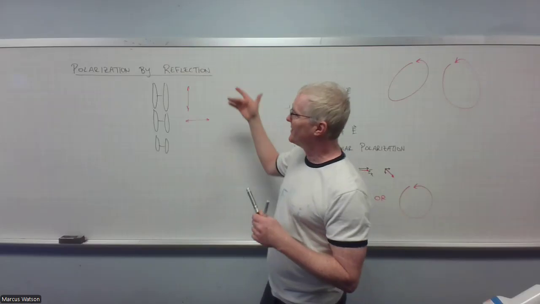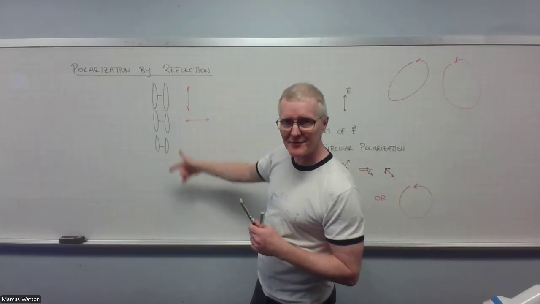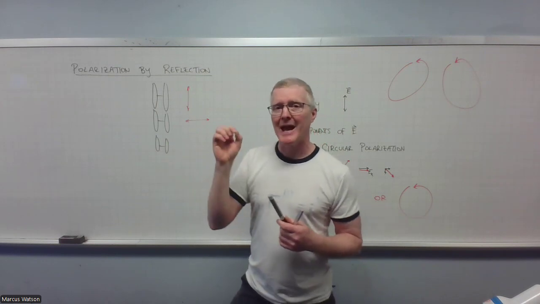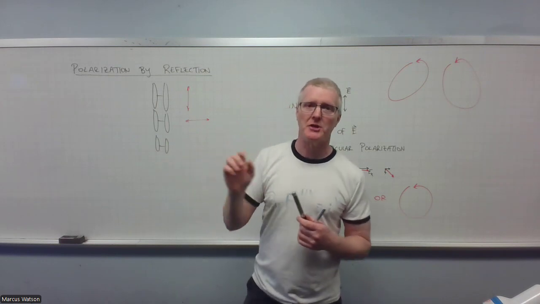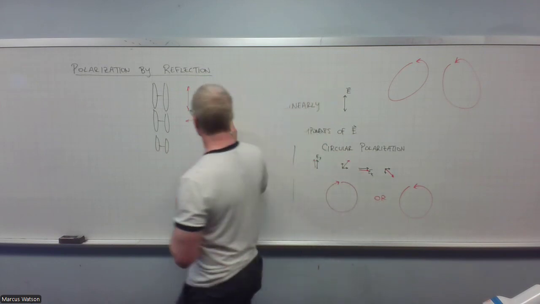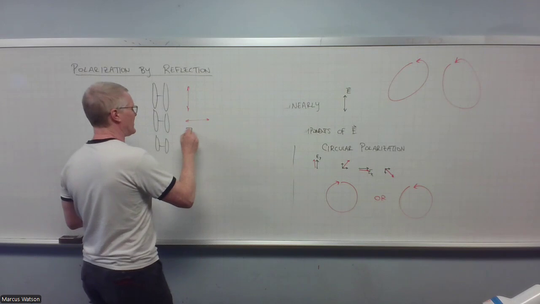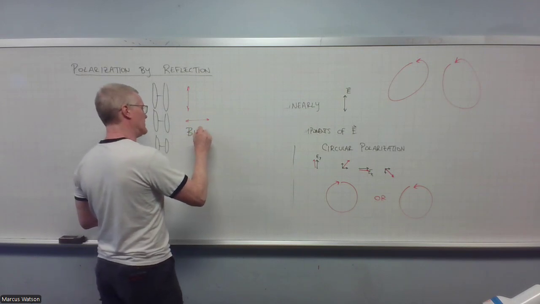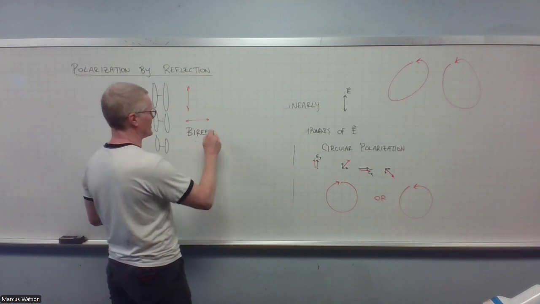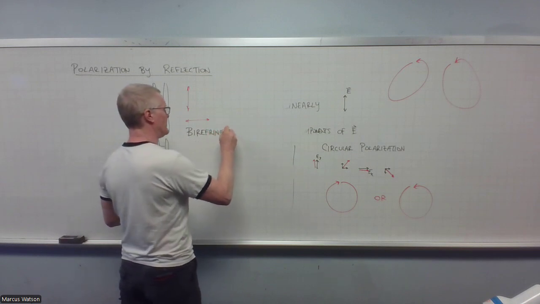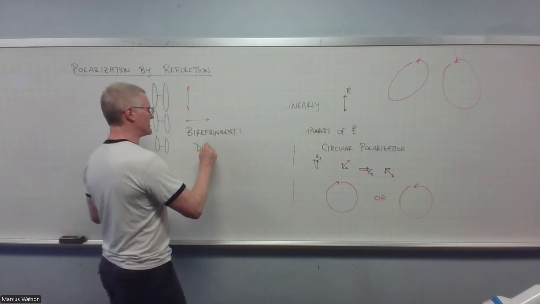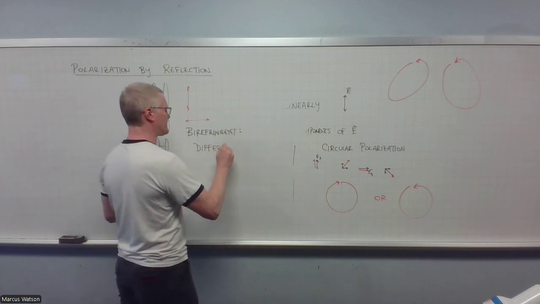In other words, this type of material will react differently to different polarizations, and that means the material has a different index of refraction for different polarization light. Okay, so this is known as birefringent. Birefringent means different index for different polarizations.